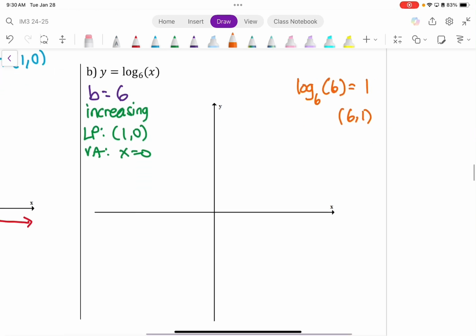Okay. Let's go ahead and graph this. Asymptote: x equals 0 is the asymptote. Locator point through 1, 0. Additional point through 6 and 1.